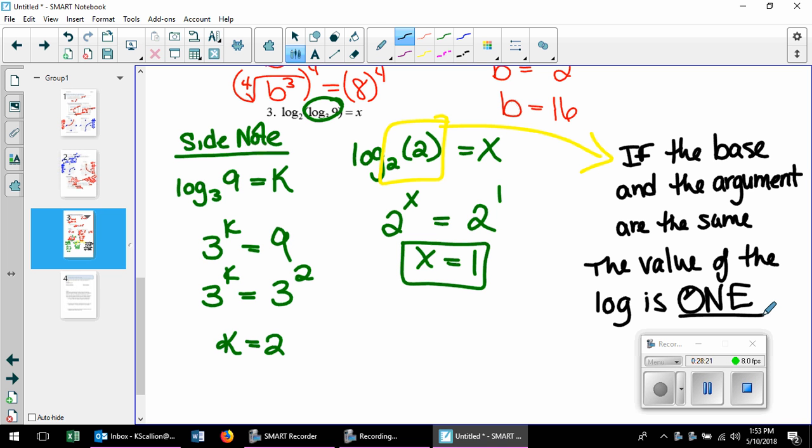Okay, so if you get into a situation like this, it is a known truth in mathematics, just like your Pythagorean identity, sine squared theta plus cos squared theta equals 1. You don't have to prove it to me. So if you see this, you know automatically that if the base and the argument are the exact same thing, the value of that logarithm evaluates to 1.